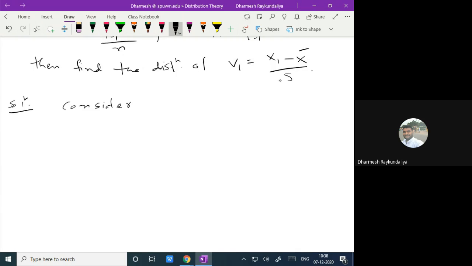Consider an incomplete random orthogonal transformation.